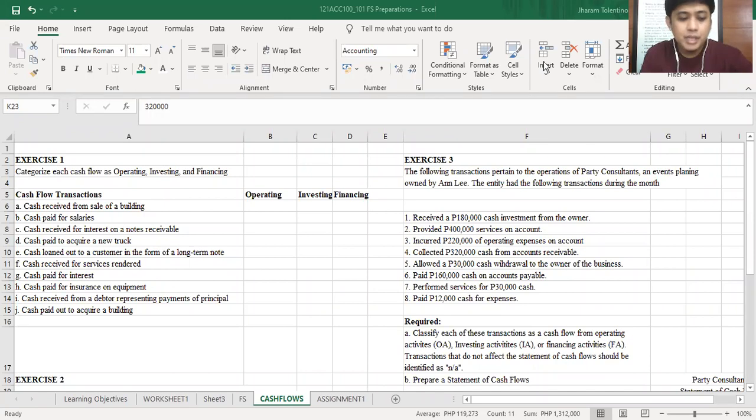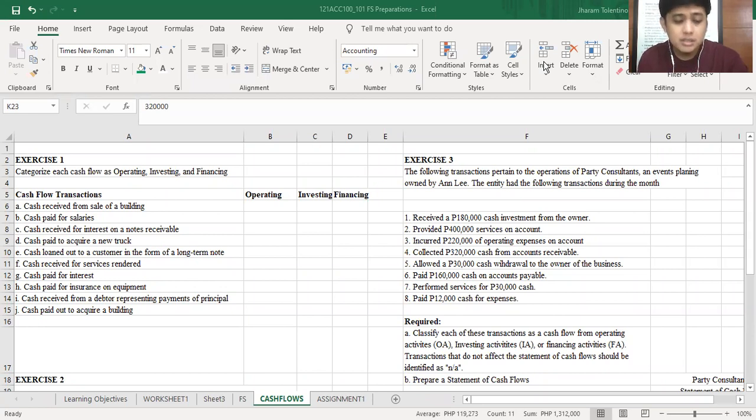Cash outflow will be lahat ng ginastos mo. Diba? Payments to suppliers of goods and services. Payments to employees for their salaries. Payments of taxes sa government. Payments of interest expense to our creditors. No? Or yung mga supplier natin na pinautang tayo, no, nababayaran natin for how many years?